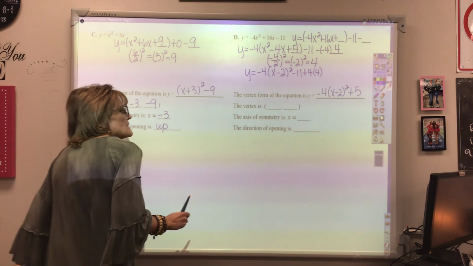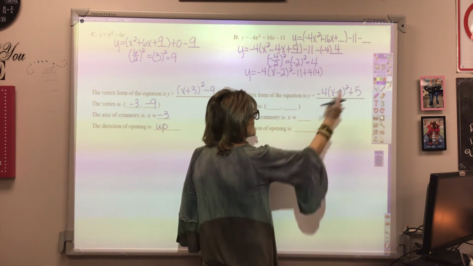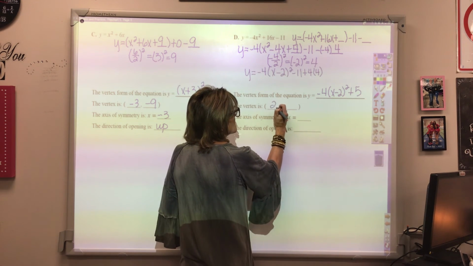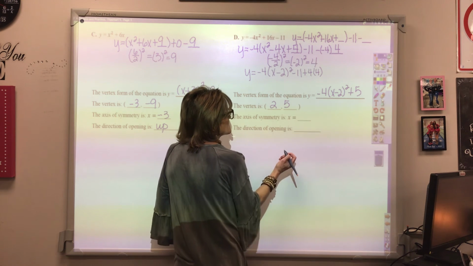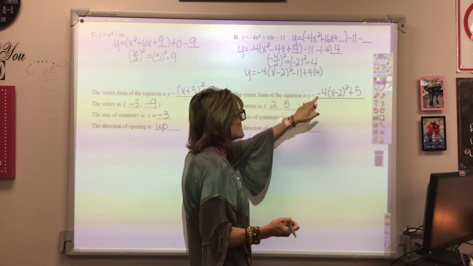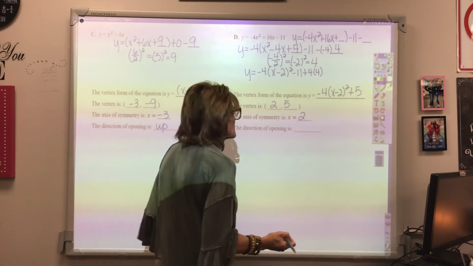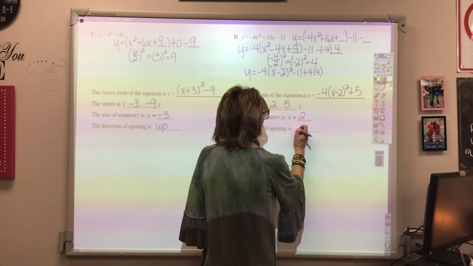Okay, the vertex, it's the opposite of h and then k, so it's 2, 5. The axis of symmetry is x equals 2. And this parabola, since it's negative out front, or less than 0, the direction of the opening would be down.